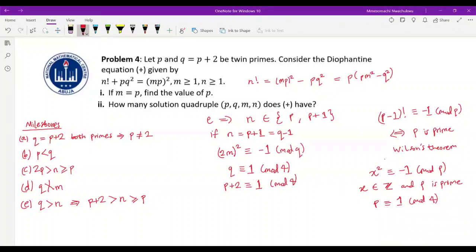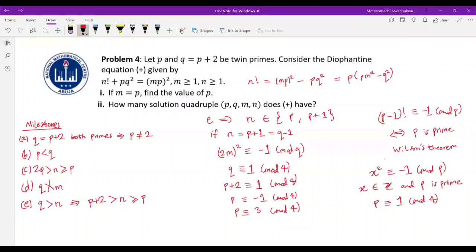And so we have that P is congruent to negative 1 mod 4. So I have P is congruent to 3 mod 4.